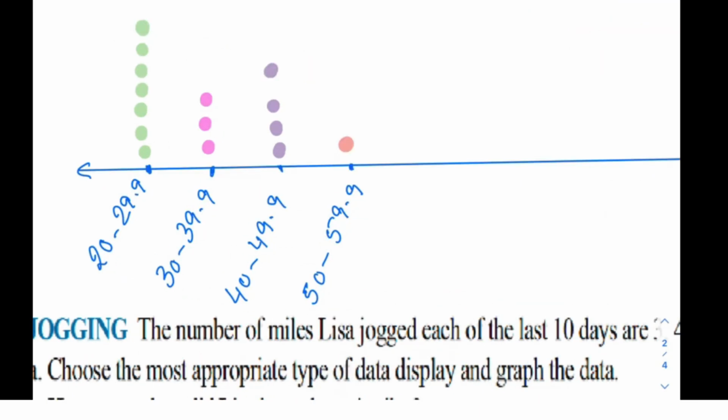Count all the dots. Here we have 1, 2, 3, 4, 5, 6, 7, plus 3, 10, plus 4, 14, plus 1, 15. So yes, we were right, and the number of elements was correct.